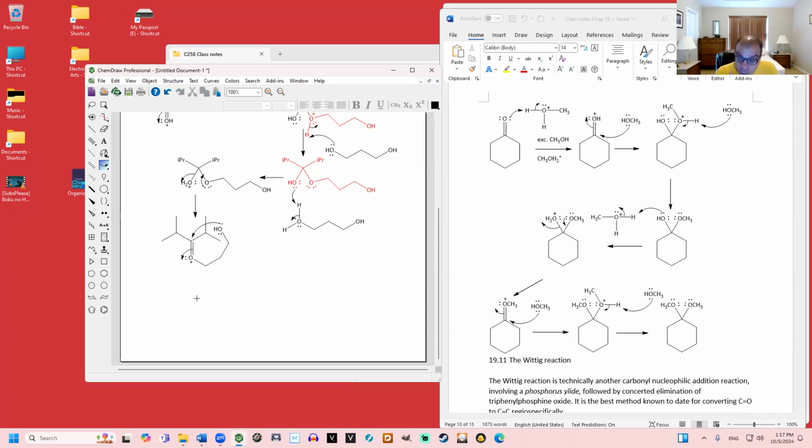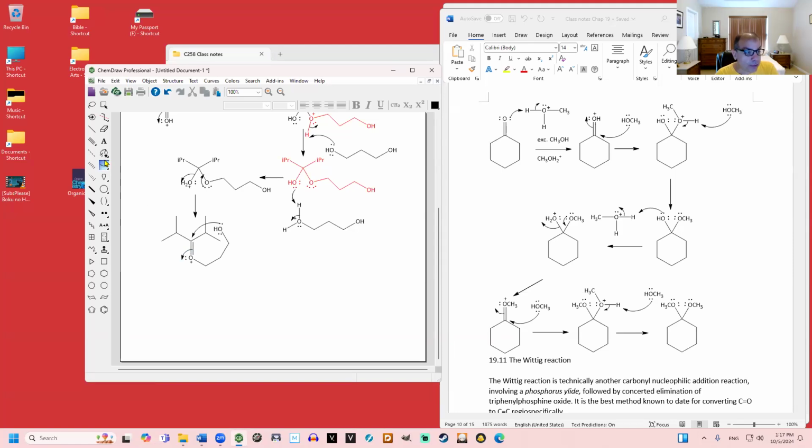And the way you know that it's a 6-membered ring is once again by counting from one atom to the other. So we're trying to connect this C to this O. And you'll see if we count that far, we'll get to 6. 1, 2, 3, 4, 5, 6.